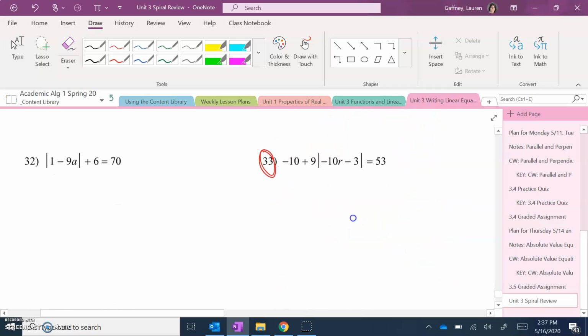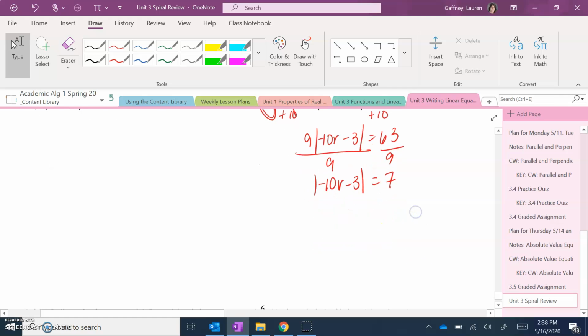All right, so here we have a lot going on. Do not, I repeat, do not combine those. Okay? That 9 is technically being multiplied by that. But also, don't distribute that 9 in. You don't want to distribute into absolute value bars. So first, let's add this 10 to the other side. Now, let's divide the 9 to the other side.